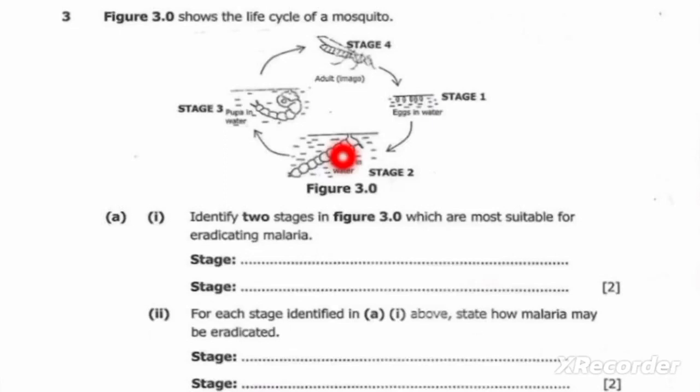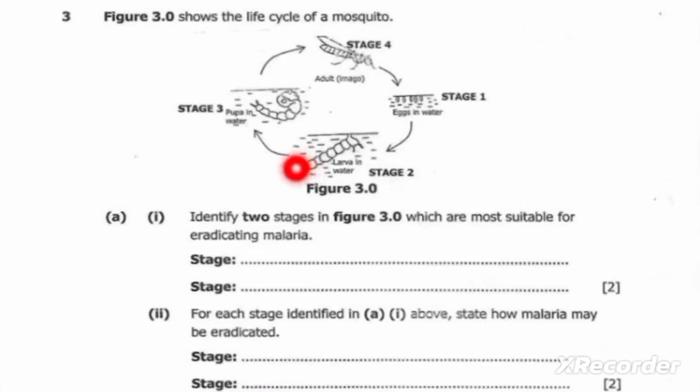If we use chemicals to destroy the eggs, the chemicals may not be effective enough to kill or eradicate all the eggs. Some of the eggs may not be eradicated by the chemicals, but killing the larva and pupa can be easy. The chemicals can be effective and can kill a good number of larva and pupa.